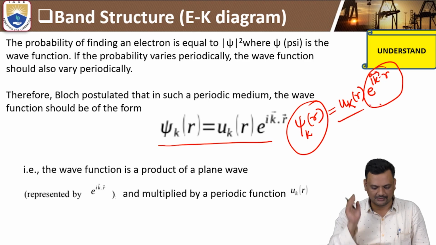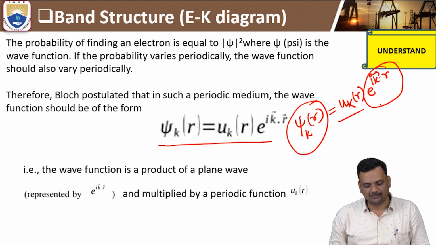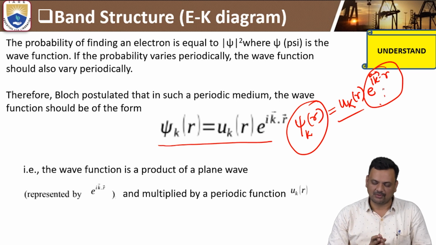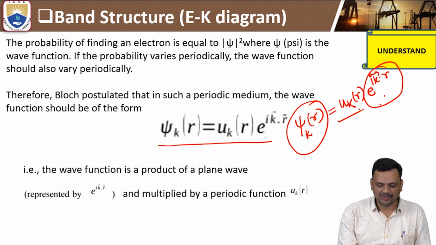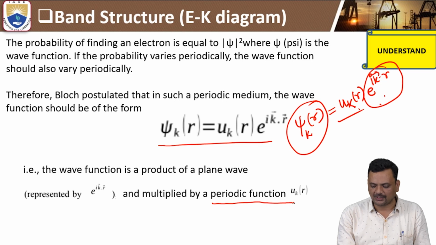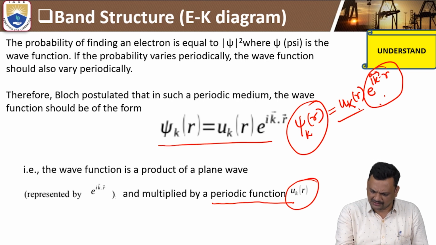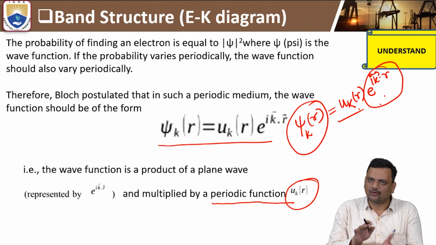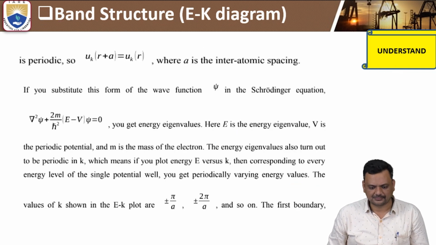That is, the wave function is a product of the plane wave e to the power i k dot r, which is the normal wave function, and this periodic term introduced here, multiplied by the periodic function u_k(r). This function has some periodic nature, so that whole wave function will become periodic in nature.